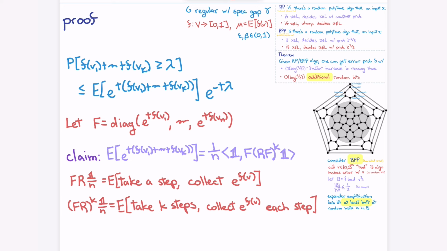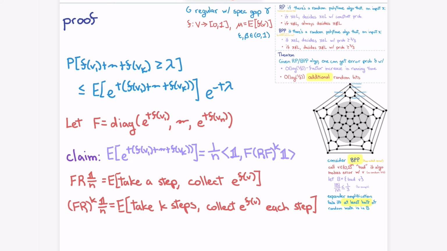Oh, that's true. So it doesn't include the first step. Yeah, FR to the 1 over n doesn't include the first step. There is a mismatch, but we're only off by the initial factor of F, and that's just your initial coins. I think I only wrote these notes thinking it would be easier to read this way.